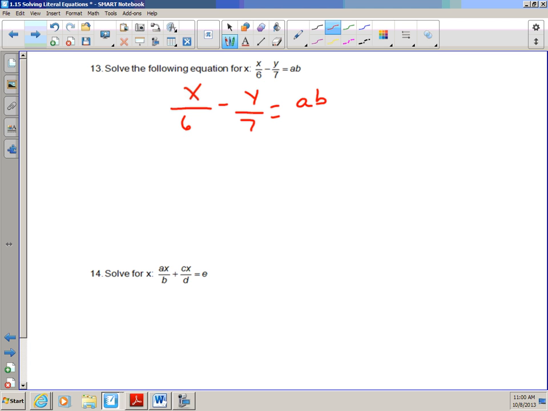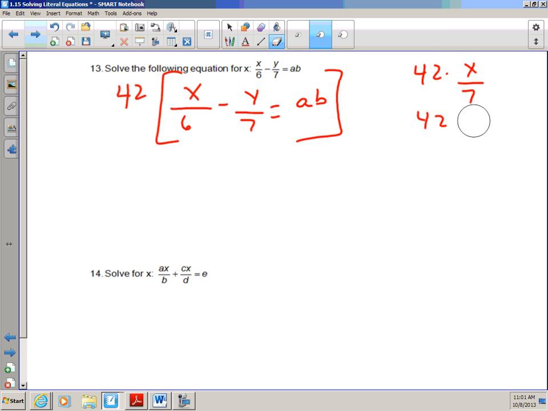You should recall that we dealt with that by using what's called the LCD, or least common denominator. Well, what's the least common denominator of 6 and 7? 42. So I'm going to multiply all three terms by 42. In other words, 42 times x over 7. 42 times x over 6.